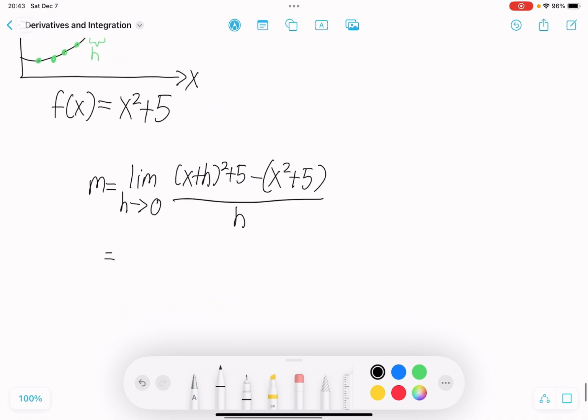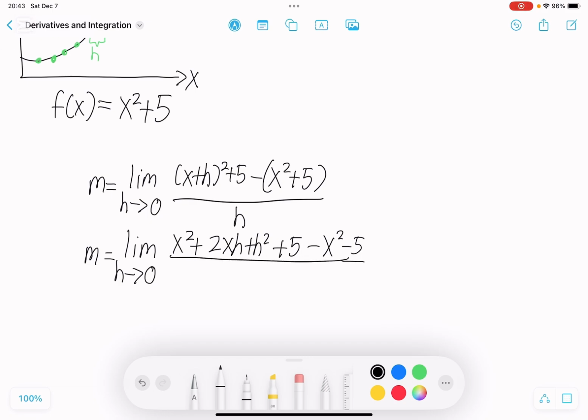So that equals the limit as h approaches 0 of, if we expand the top, x squared plus 2xh plus h squared plus 5 minus x squared minus 5, over h. And then the 5's cancel out, the x squares cancel out.